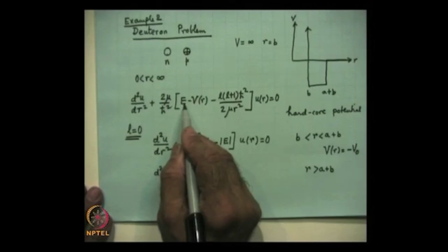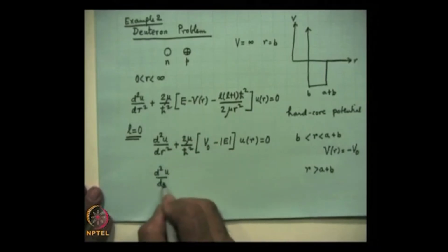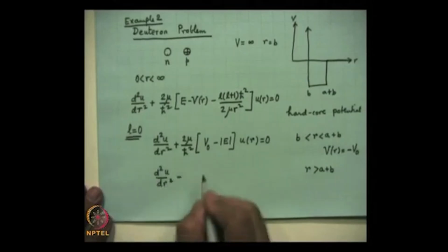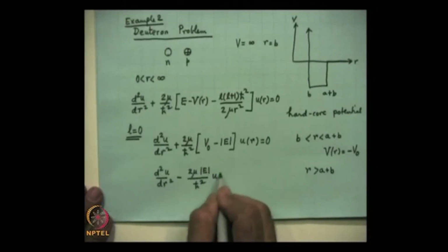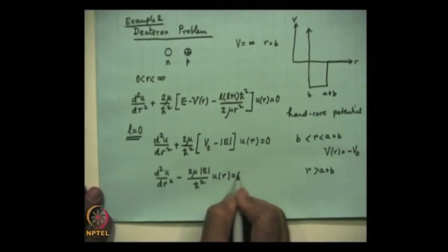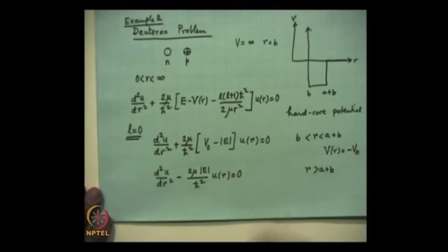These are the bound state problems. So, d2u by dr square minus 2 mu mod E by h cross square u of r is equal to 0. This is for r greater than a plus b.